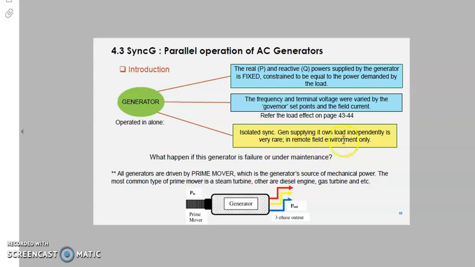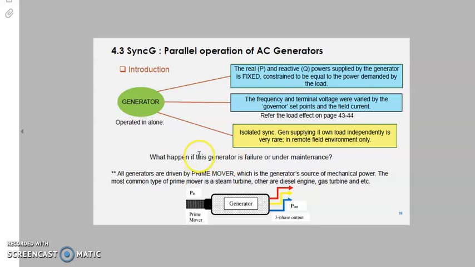An isolated synchronous generator supplying its own load independently is very rare. So it means that a generator which operates alone is very rare. If you have synchronous generators, you have to run most of them in parallel mode.